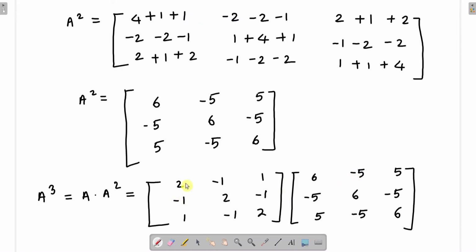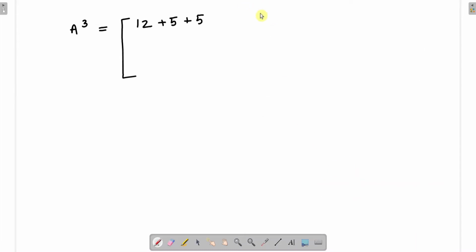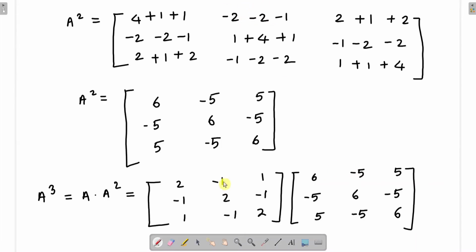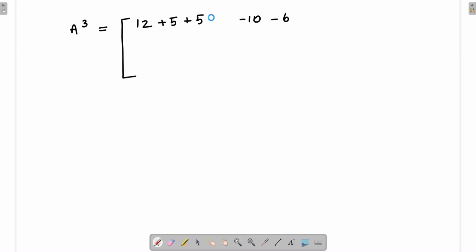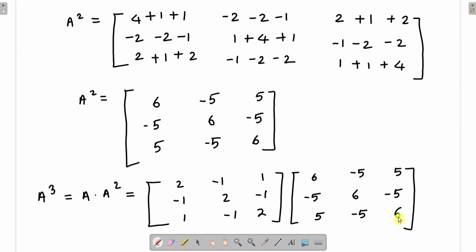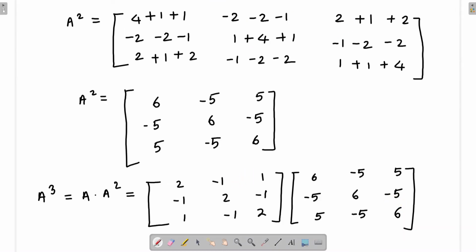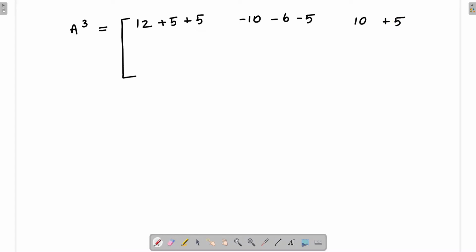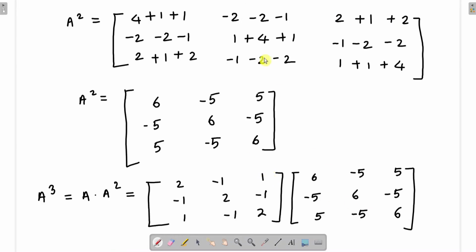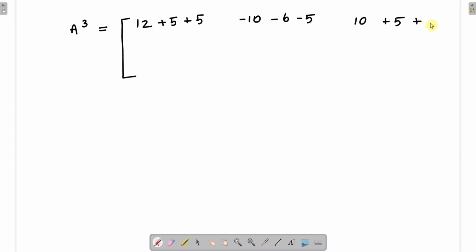First row second column, 2 multiplied by minus 5 is minus 10, minus 1 multiplied by 6 will be minus 6, 1 multiplied by minus 5 will be minus 5. First row third column, 2 times 5 will be 10, minus 1 times minus 5 will be plus 5, 1 times 6 will be plus 6.